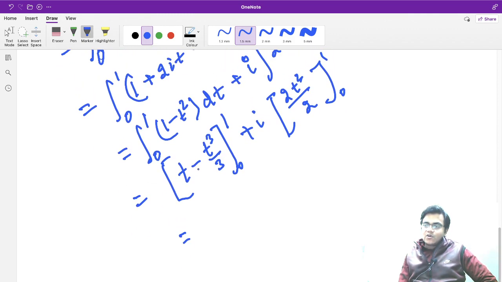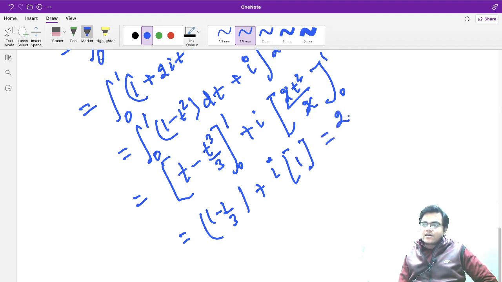It will become 1 minus 1 by 3, and for t equals 0 everything will be fine by putting the upper and lower limits. Iota into 2 by 2 will cancel, and t square from 0 to 1 will certainly become 1. So finally it is nothing but 2 by 3 plus iota. This will be your integral.